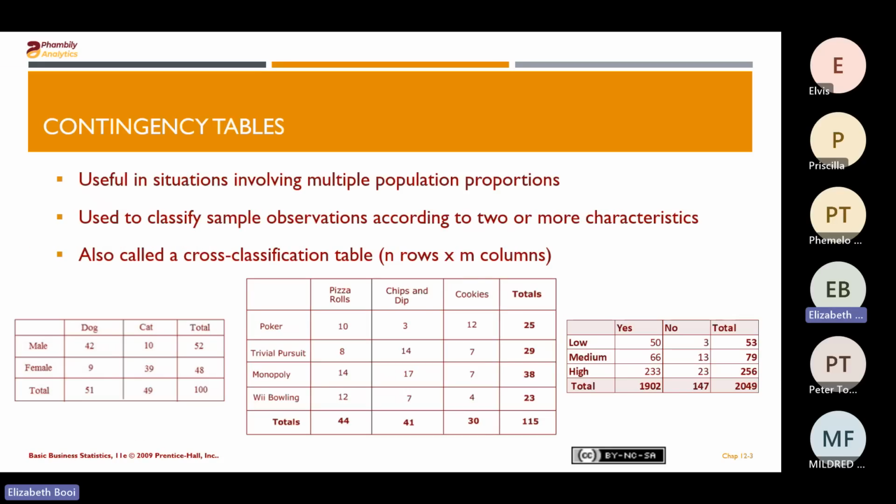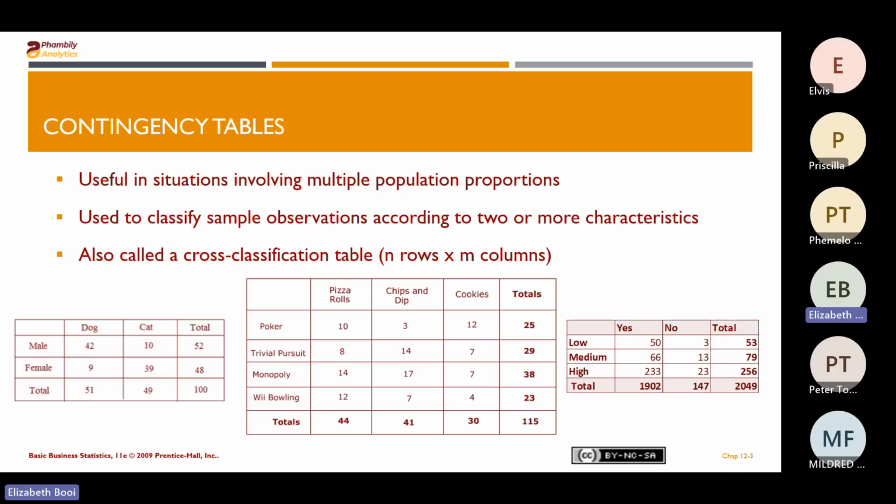Because we're looking at two categorical variables, in order for us to understand the relationship between them, we need to put them in a contingency table. A contingency table is not something new. We've dealt with types of visualization previously. We also looked at contingency tables when we were discussing probabilities, so it should not be foreign to you.